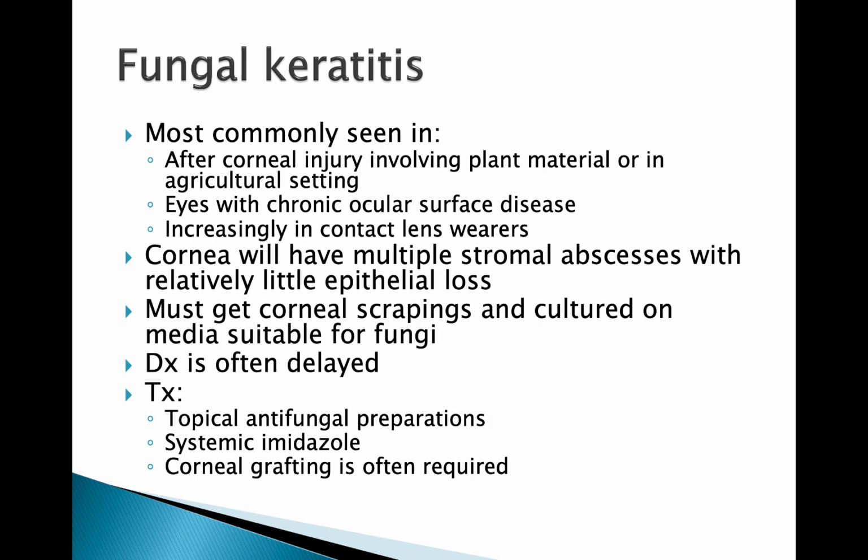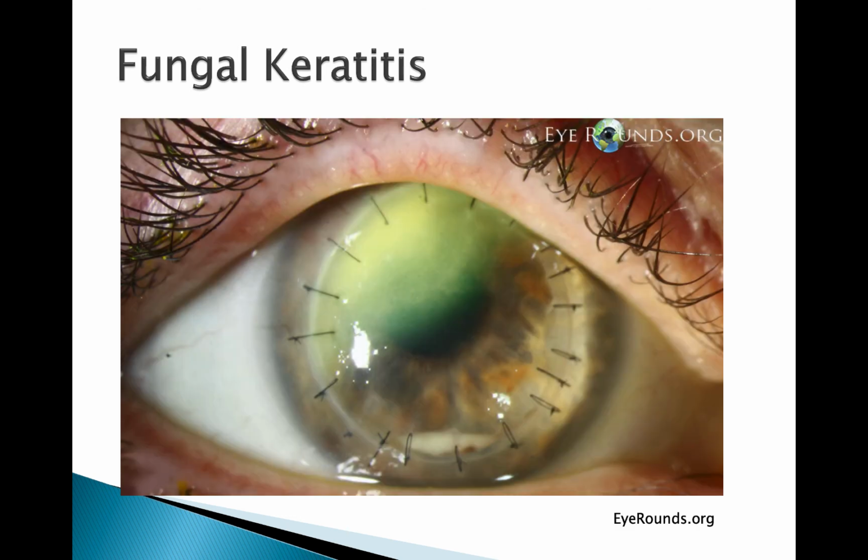Because of this and the delay in diagnosis, these guys usually have increased issues. Treatments include topical antifungals, systemic antifungals, and you may have to do corneal grafting. So here's an example of someone who had surgery and then developed a corneal fungus.